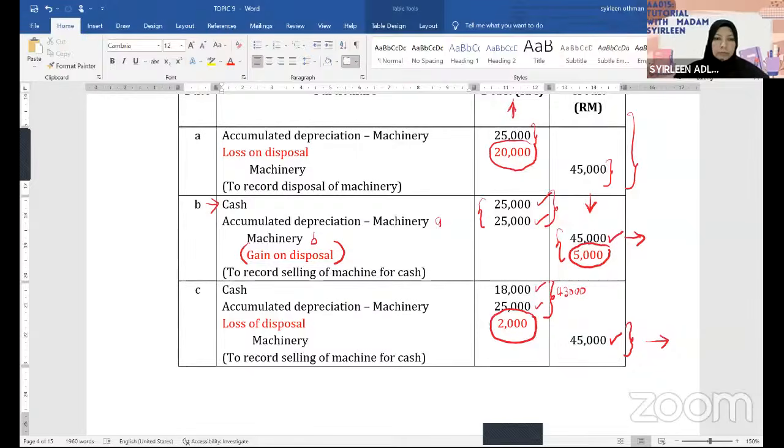So sebab amount tu berada di sebelah debit, that means after I sold the machinery for the amount of 18,000, saya akan dapat loss on disposal with the amount of 2,000 ringgit. Okay, so that is for C.